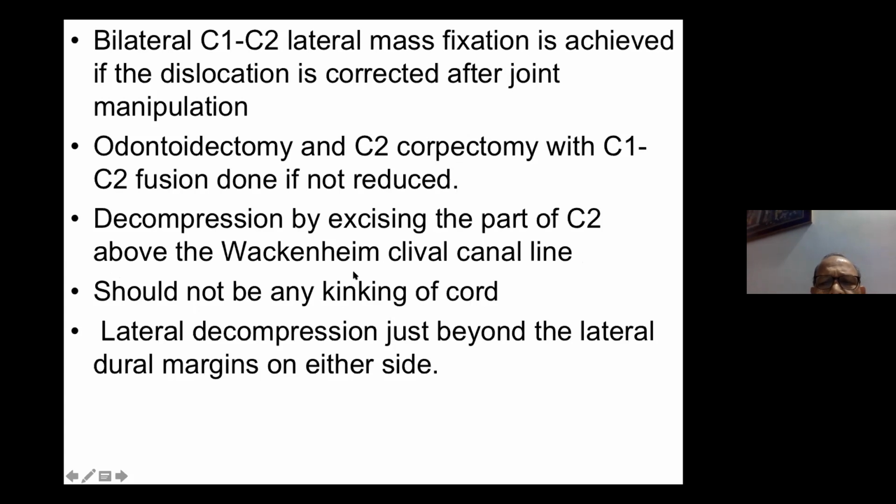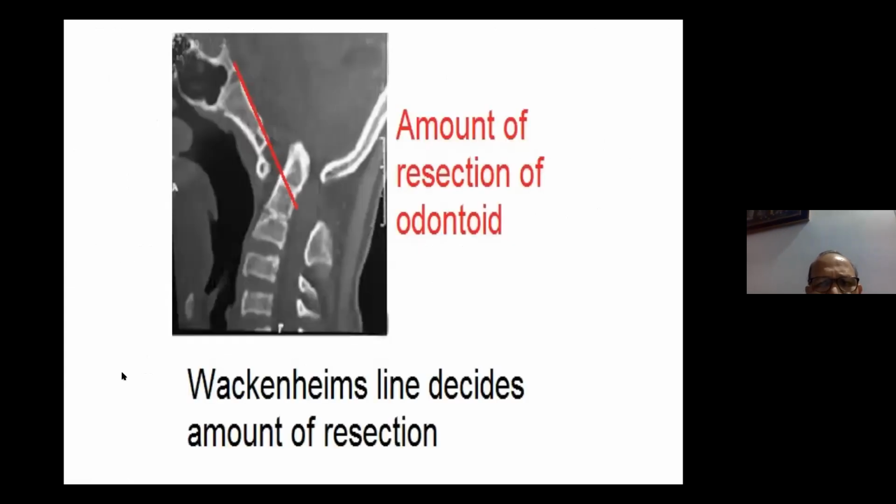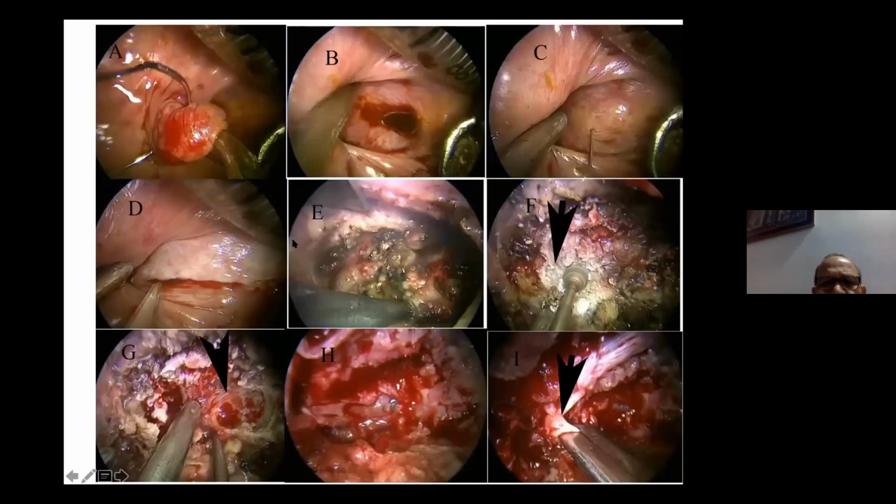The lateral decompression is just beyond the dural margin or just medial to the facet joint. The amount of decompression is shown here before surgery. These are the various steps of surgery, but I'll show the video.